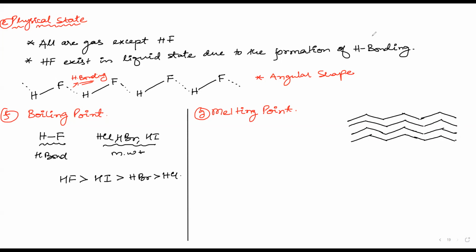In this type of hydrogen bonding, there is H bonding within a layer. This part here will have hydrogen bonding, but the next layer and the first layer won't have any hydrogen bonding between them.